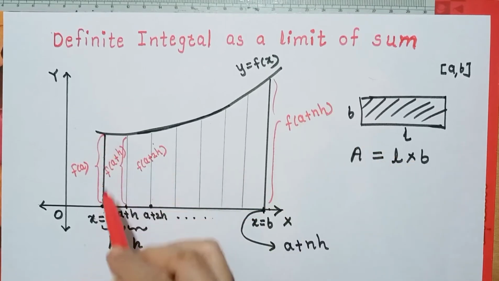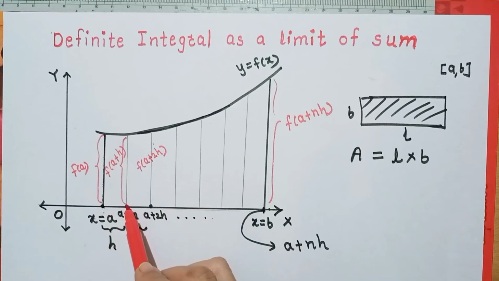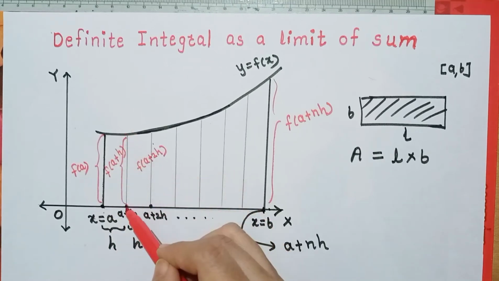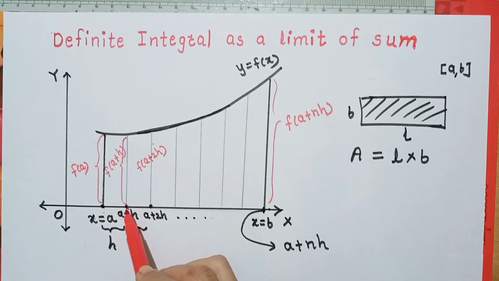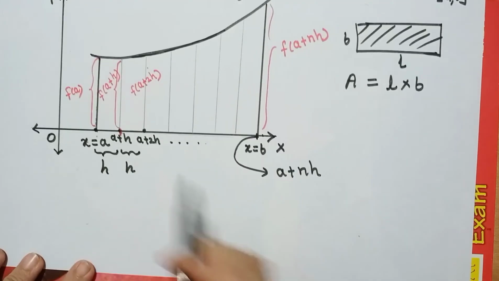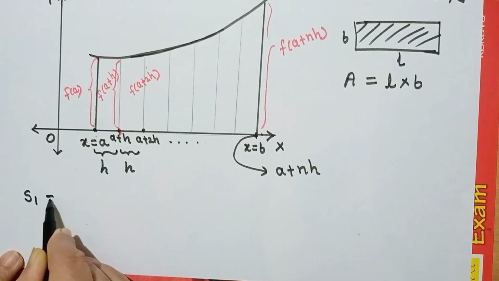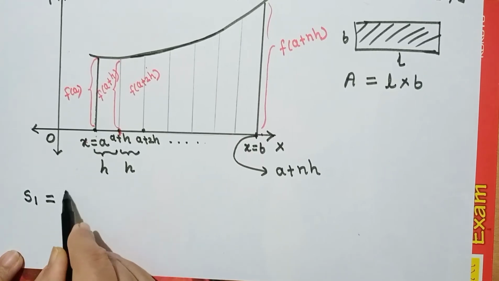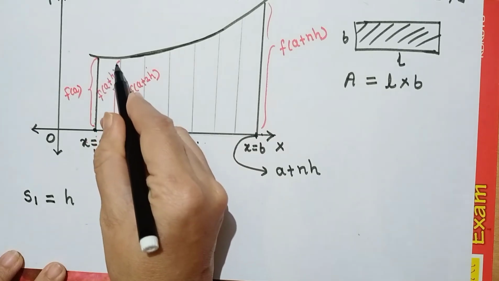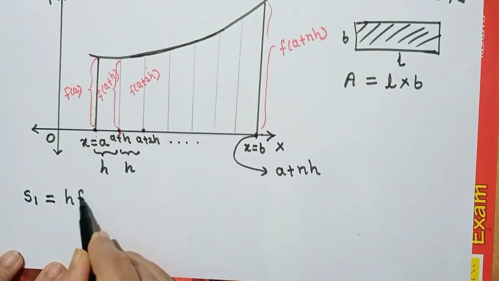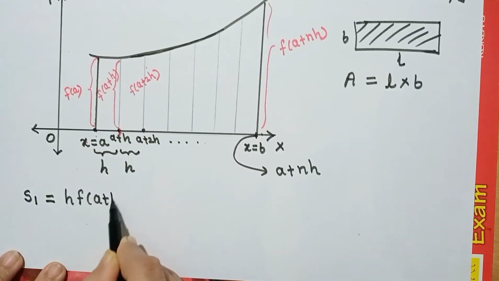Now for this rectangle, we will consider this second point, this second length, and so this is the breadth and this is the length, and then we will find out the area of the first rectangle. Therefore the area of the first rectangle, denoted by S1, is equal to breadth, this is h, and the length at the second point is f(a plus h).